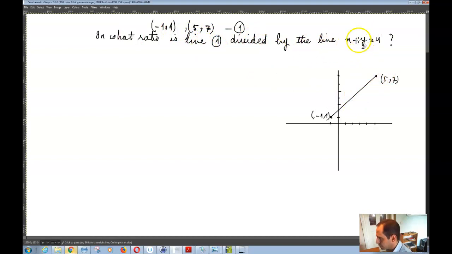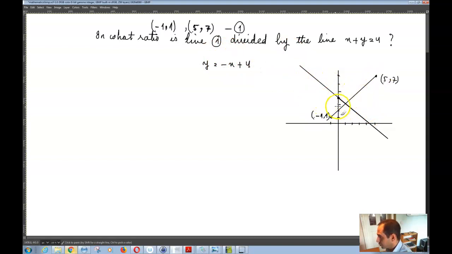So this line is basically y is equal to negative x plus 4. This is the y-intercept, and the slope is negative 1.